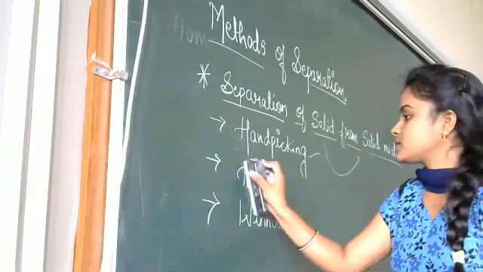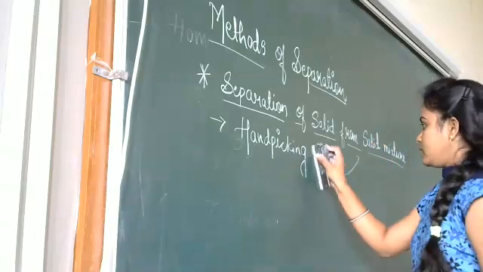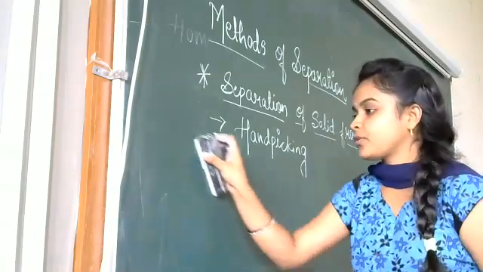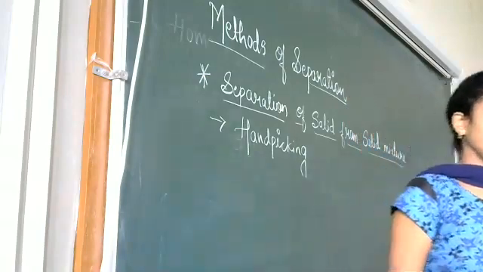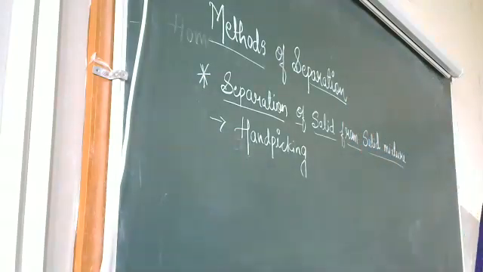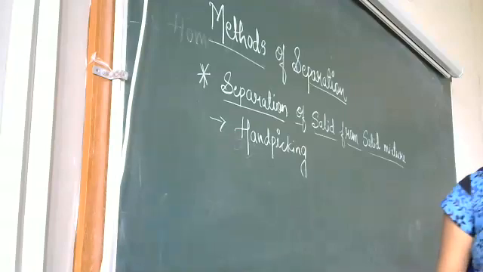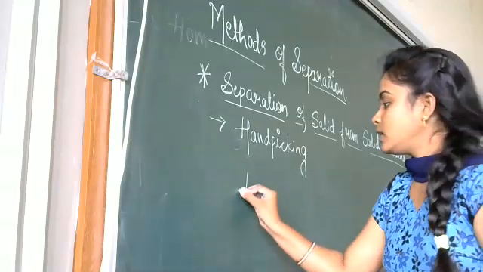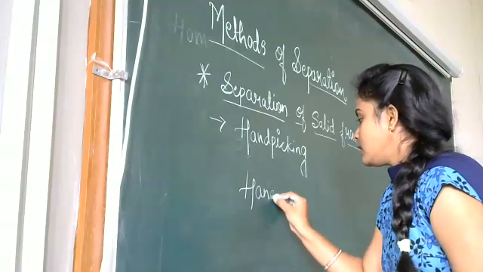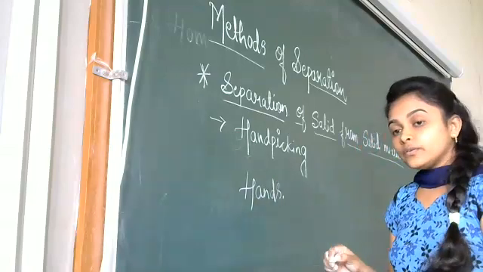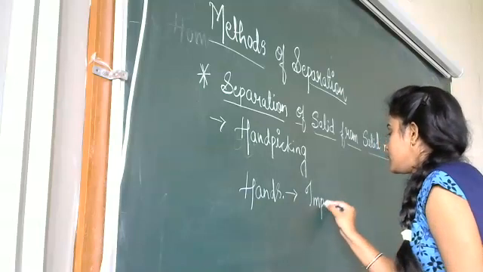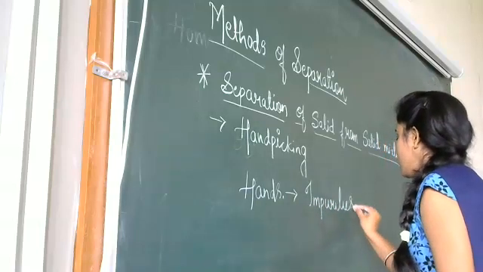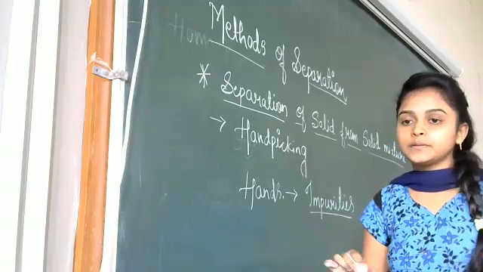As the name suggests, hand picking. Here we use hands for separating impurities, wastage components from the mixture, right? Hand picking involves using hands to separate impurities.